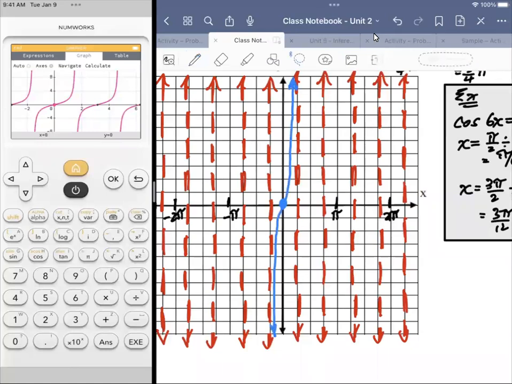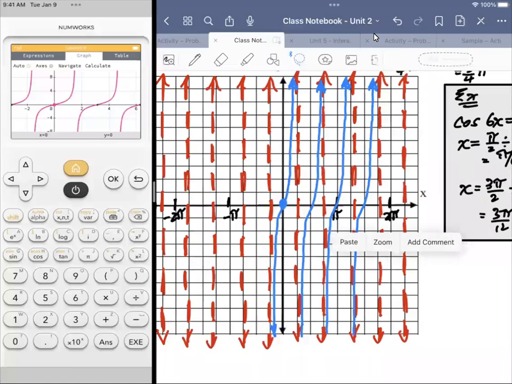All right, so I need all of these. And it's not going to be perfect, but you just do the best you can.